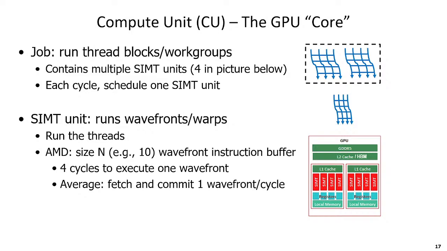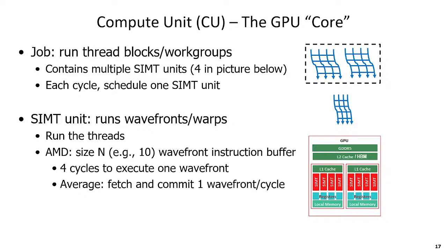That controls how many different wavefronts we're letting each of those SIMT units run in parallel or run one after another. So in AMD hardware, it takes 4 cycles to execute one wavefront. So it means we can have a pipeline where, as that instruction is proceeding through the SIMT core, we can start instructions from different wavefronts each of those cycles.